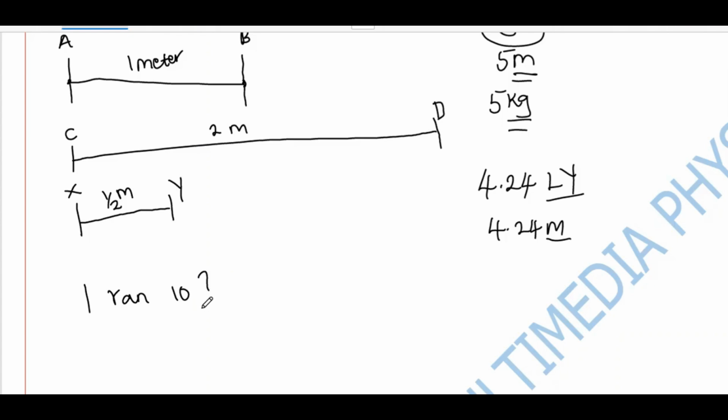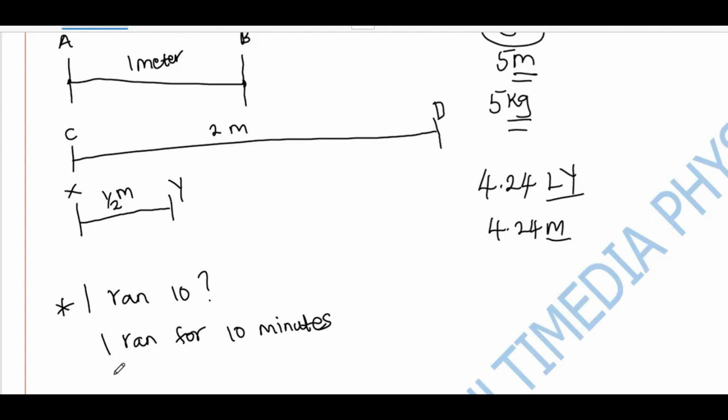Maybe I ran for 10 minutes, or I ran 10 meters, or I ran 10 miles. So we can say that units make quantities clear, comparable and useful. If I say I ran for 10 minutes, this makes more sense than the first case here, which is ambiguous.